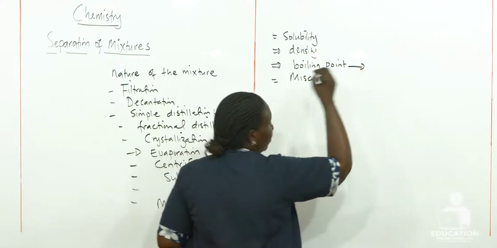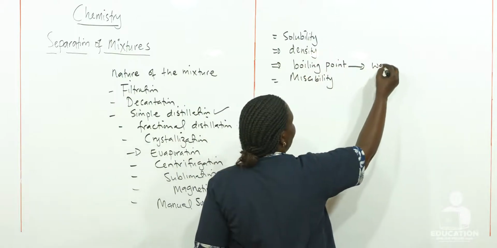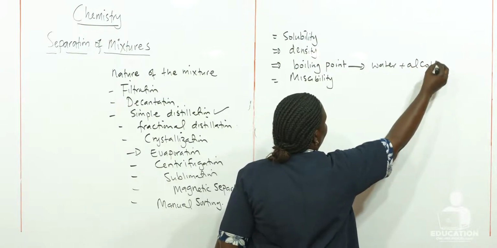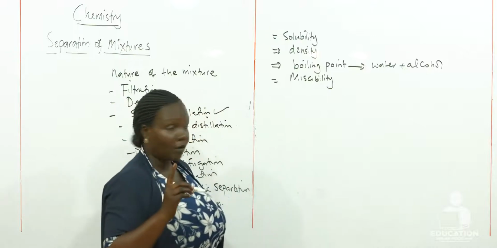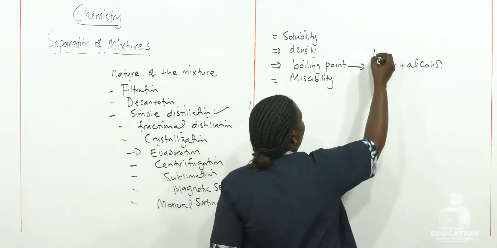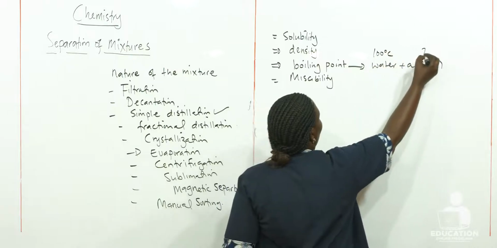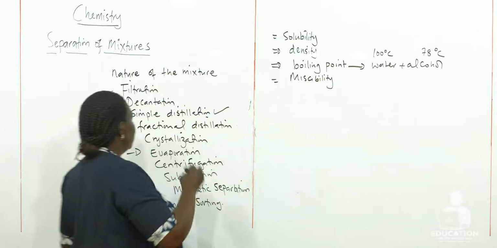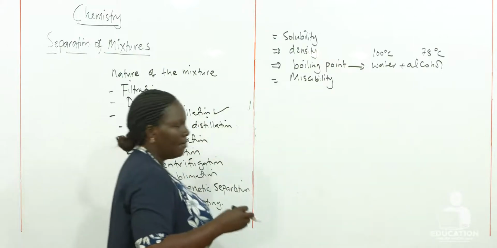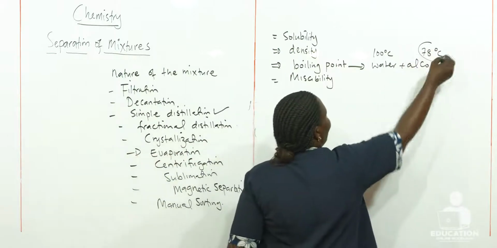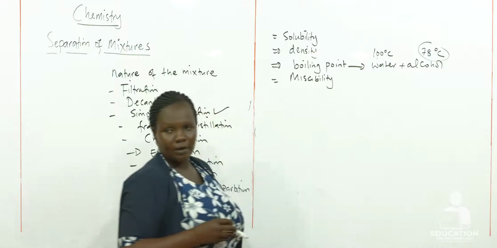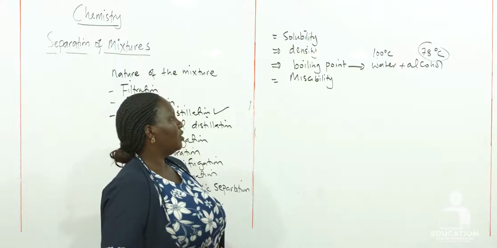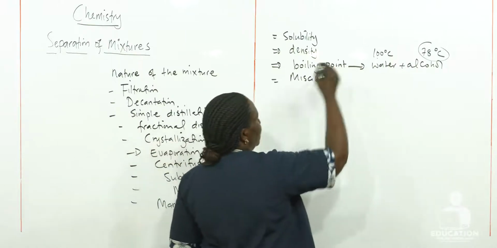So the boiling points, for example, if we have a mixture of water plus alcohol, we know that water boils at 100 degrees Celsius and then alcohol boils at 78 degrees Celsius. So when we use simple distillation, we boil them, then the alcohol will evaporate fast, leaving the water behind. So in this process, we can collect the alcohol and then we leave the water. So we can separate the two using boiling point.